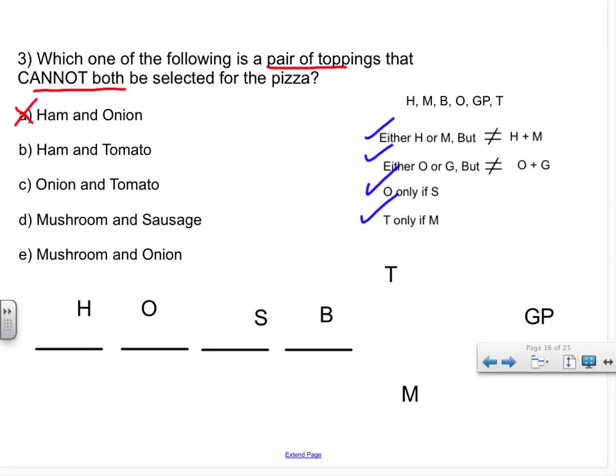Let's try ham and tomato. Now I believe I can just swap that in. No, I need an M. So let's swap out B for M. HTSM. Let's see if that works. No, I know that it'll break the first condition.